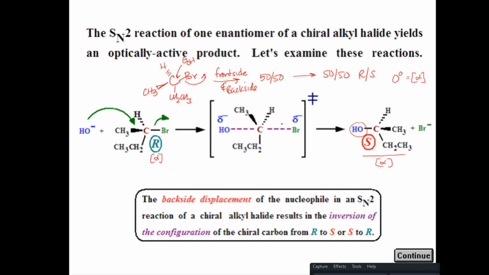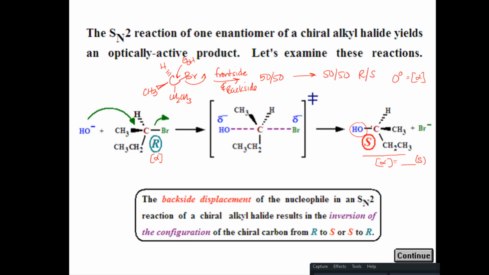So when we do this experiment, we don't get 0 degrees, so therefore it's got to be front side or back side, but it is not both equally. So then what we do is we look up the specific rotation of S-2-butanol, or butan-2-ol, and when we do this experiment, we find that the product matches with that specific rotation of the S enantiomer of 2-butanol.